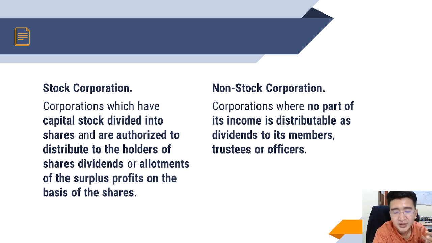In short, a stock corporation has a capital stock that is divided into shares. These shares are eventually issued to stockholders, wherein the stockholders will subscribe and pay these shares, okay, in return for future dividends or increase in the value of the stock. Okay, yun yung stock corporation. Okay, it has a capital stock that can be divided into shares.